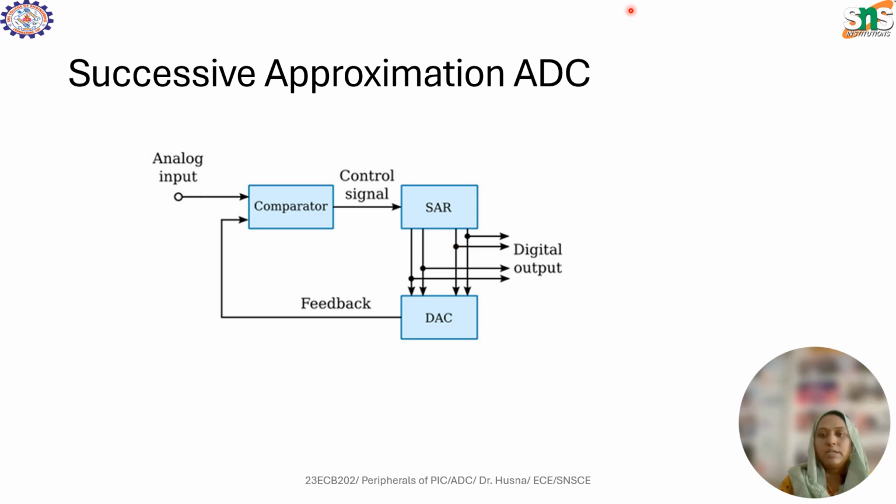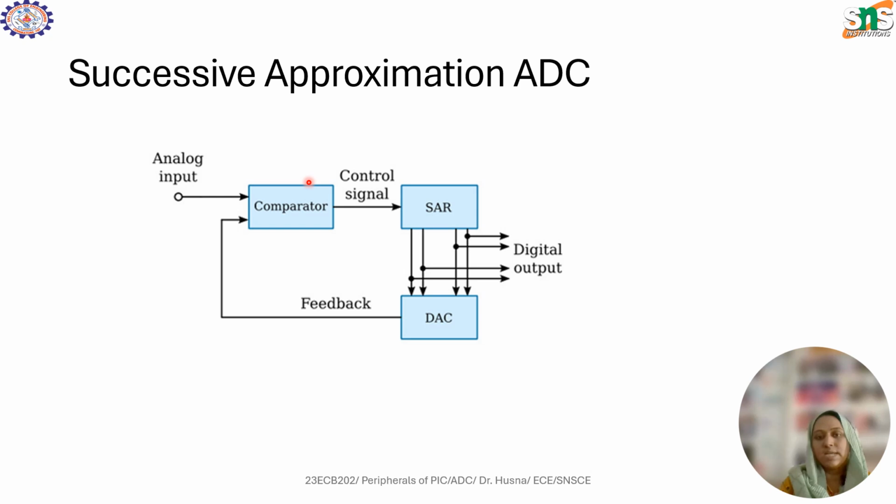The comparator determines whether the feedback voltage is larger than the input voltage. If the feedback voltage is larger, the comparator output tells the SAR to turn it off, clearing the MSB. If the feedback voltage is not larger, the MSB remains set.